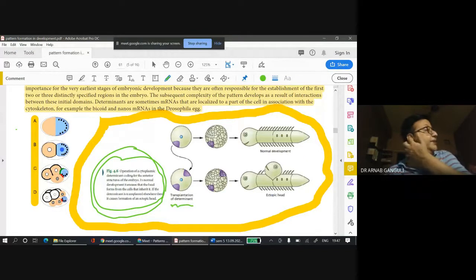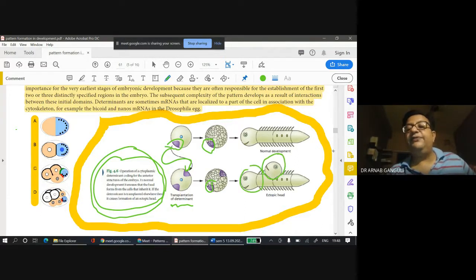If you transplant the determinant, that is, this region which is supposed to form the head, to another region, you will see in that organism an ectopic head, or two heads, formed.